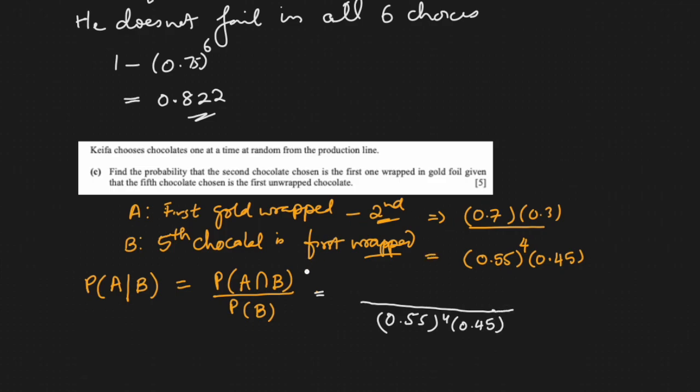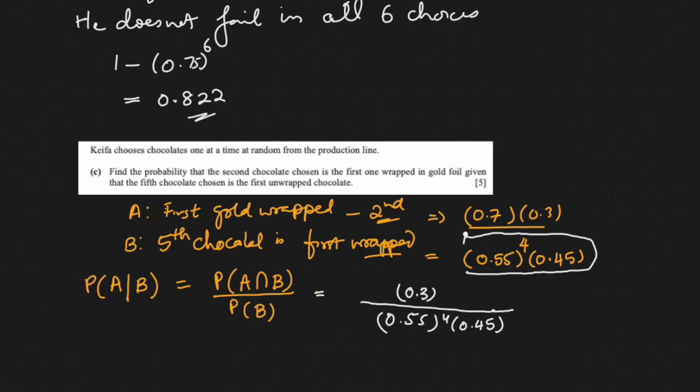Okay, now A and B should have common thing. That means out of this one, we have to take the case where the second is gold but the first one is not gold. So second is gold with 0.3. The first one is not gold, but they have also said the fifth should be the first unwrapped.